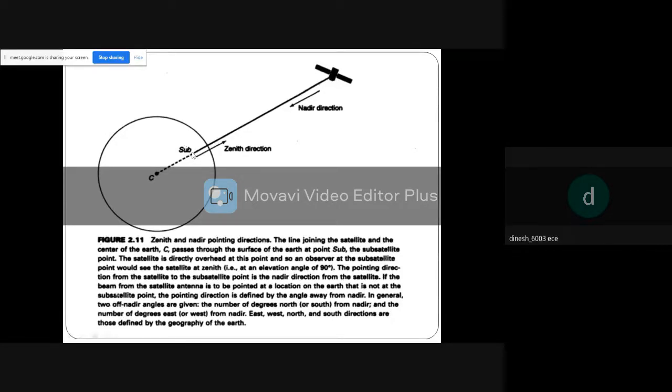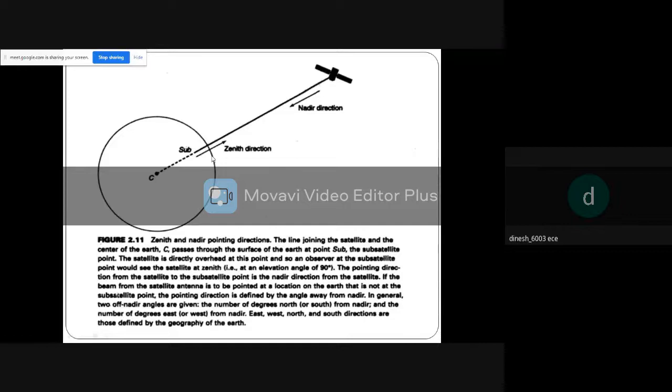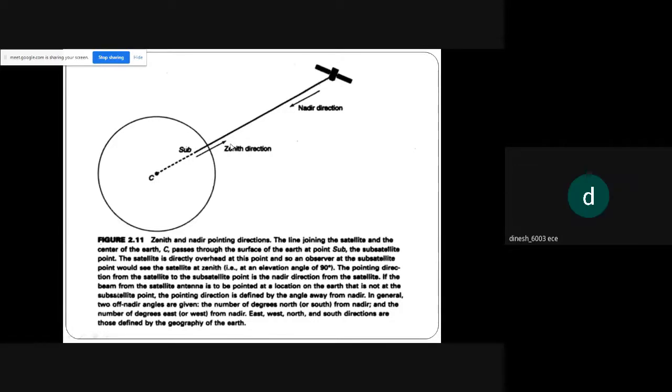So when an Earth station antenna is put up and focuses towards the satellite in the upward direction, we call that direction the zenith direction, usually at 90 degree elevation.